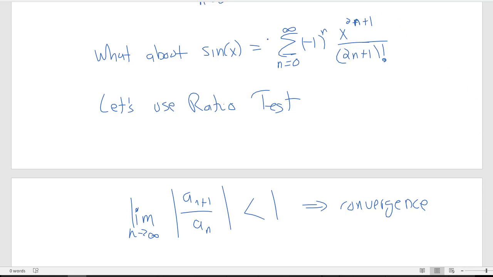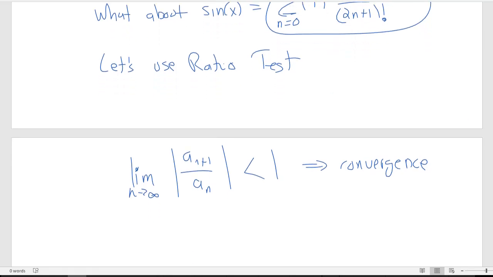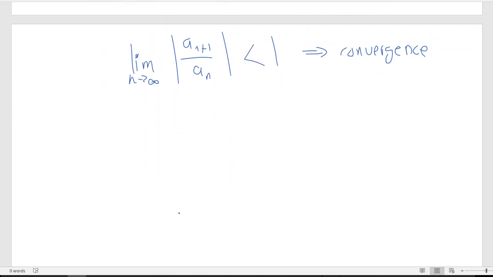So I'm going to come back up here to the series that we wrote. I'm going to plug in n plus 1 into every n value, and then divide by the nth term. So I have -1 to the n plus 1, x to the 2 times n plus 1 plus 1, all over 2 times n plus 1 plus 1 factorial.